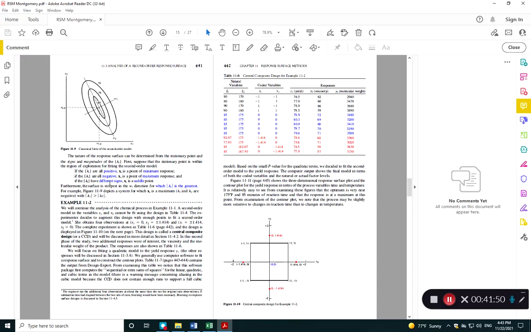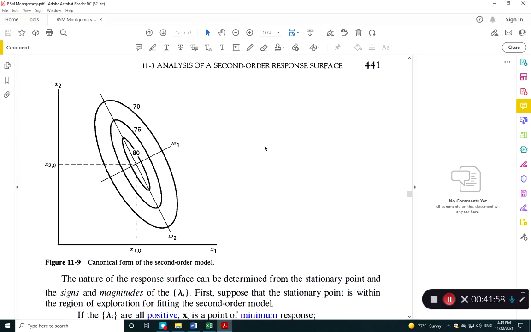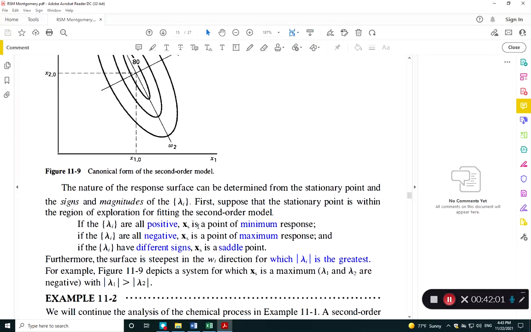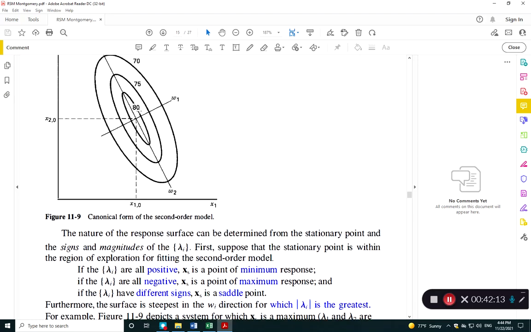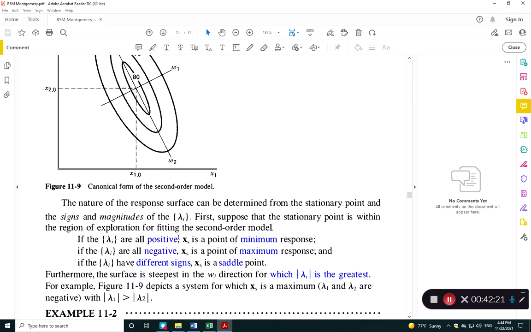If both eigenvalues at the stationary point are positive, then you have a minimum, because going in either the W1 direction or the W2 direction, your value is going up. So this point will be a minimum. If both eigenvalues are negative, then this is a maximum.